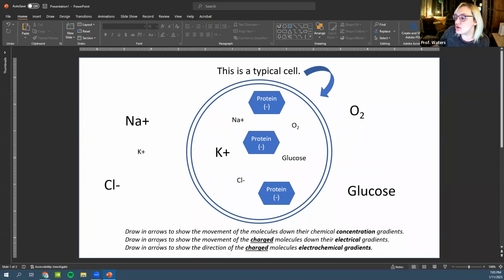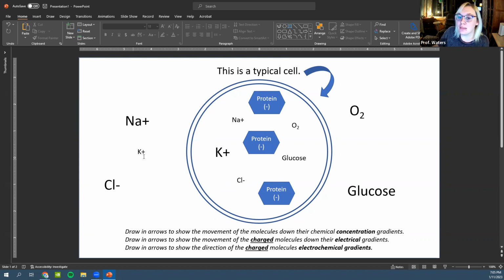Next, I wanted you to draw in arrows to show the movement of the charged molecules down their electrical gradients. So here you're going to want to pay attention to the charge of the ions. Here we have sodium, potassium, and chloride. We have a large number of sodium ions on the outside of the cell.